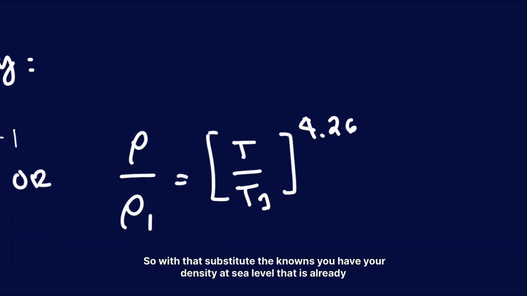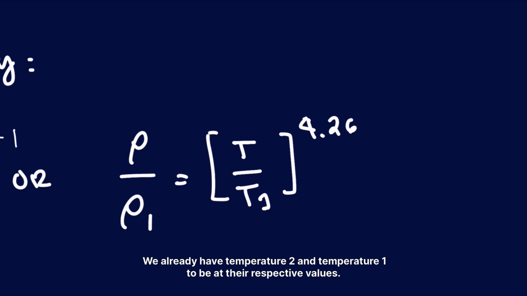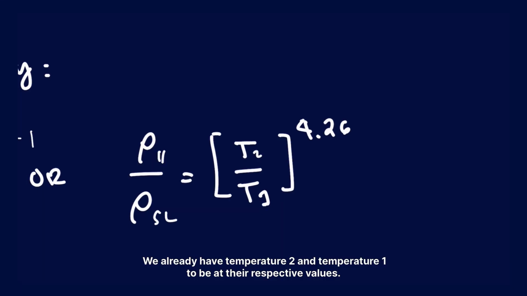So with that, substitute the knowns. You have your density at sea level, that is already a known. That's 1.225 kilogram per cubic meter for the SI units. And we already have temperature 2 and temperature 1 at their respective values.